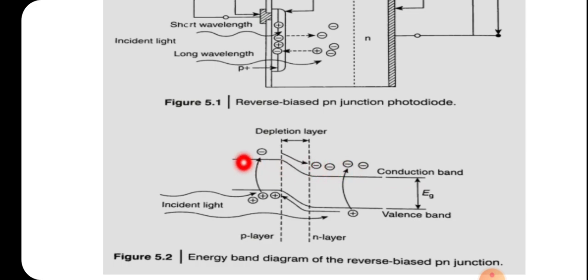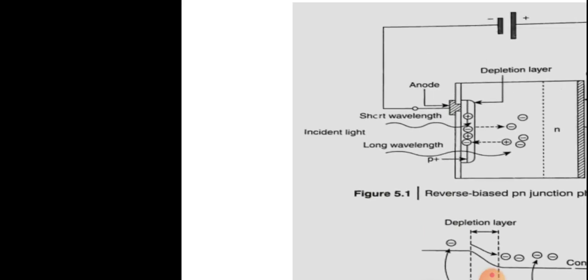The electrons in the conduction band of the P side also move to the N side. Similarly, the holes in the valence band of the N side also move to the P side, or to the negative terminal of the battery. This movement of electrons and holes produces a current in the external circuit.